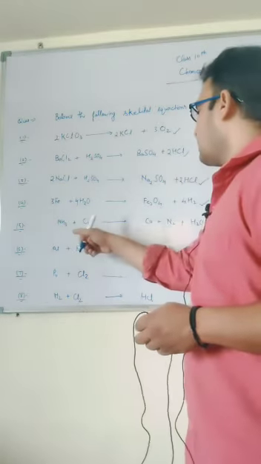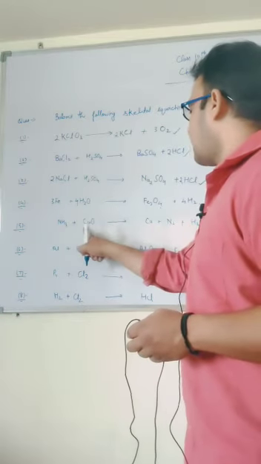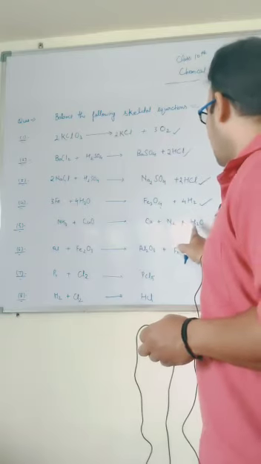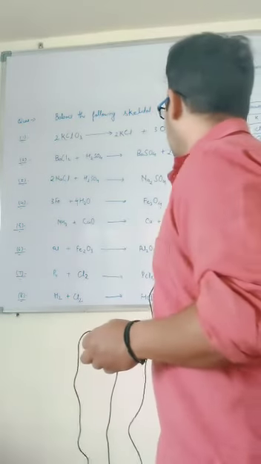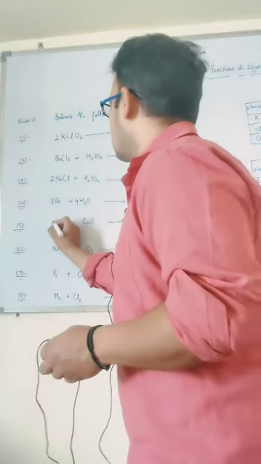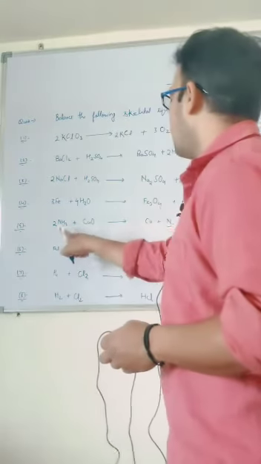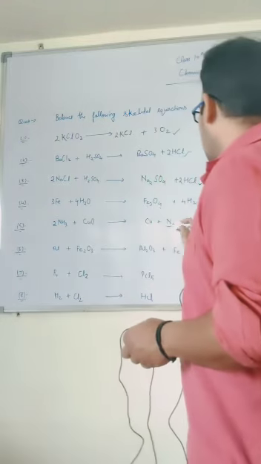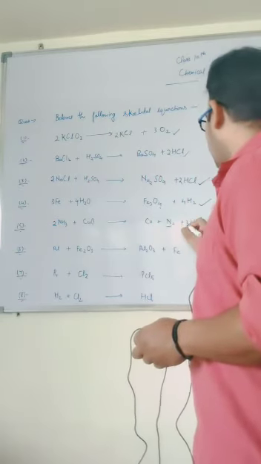Then take another equation: NH3 plus CuO gives Cu plus N2 plus H2O. Here nitrogen has 2 atoms, here only 1, so we have to multiply it by 2. Now hydrogen has 2 times 3 is 6, so we have to multiply it by 3.